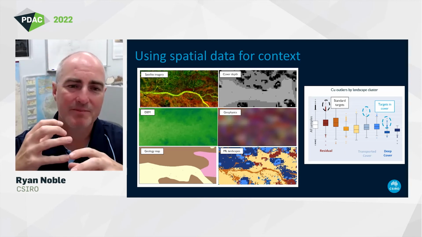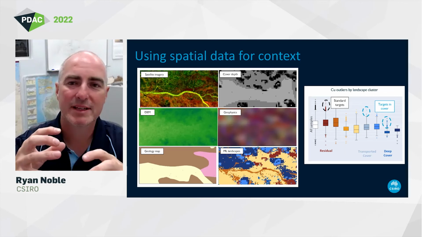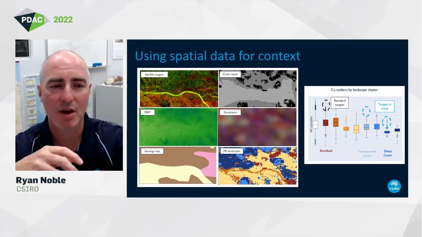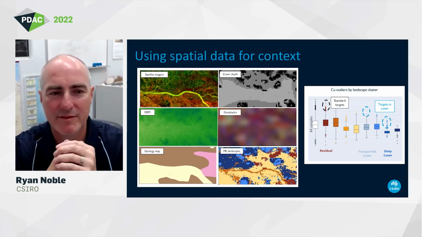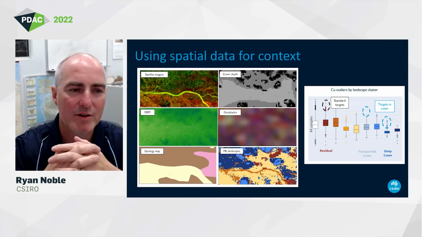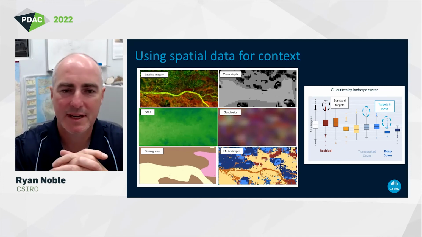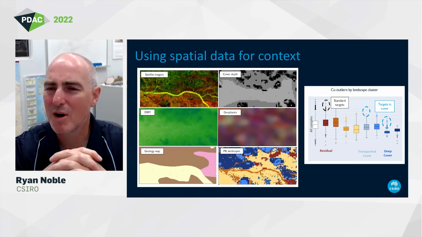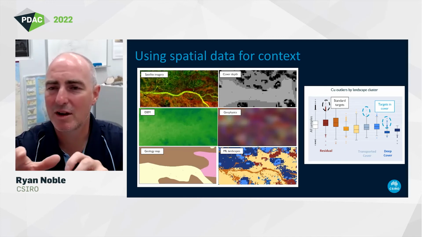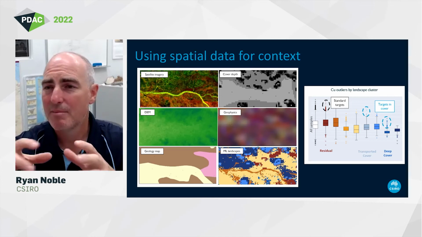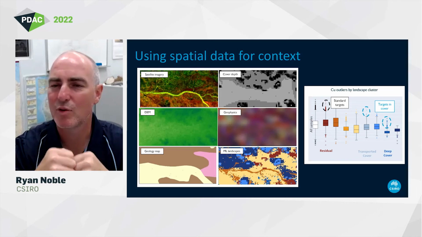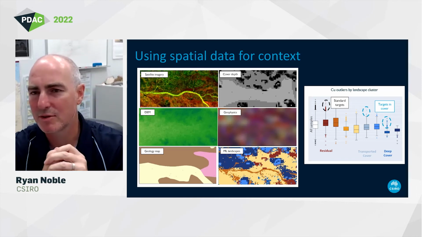So, I'm going to be hard pressed if I'm just plotting my copper geochemistry in this case over that geology map. I might make a few inferences about where I pick up higher copper values over maybe potentially a bit of transported cover, but I probably might miss those. And so the image on the right again shows that same sort of outlier, where outliers by landscape class, where we've used that extra information to inform the way we interpret our geochemical surveys.